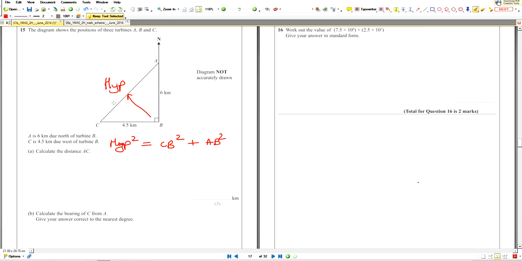Now, do you want to work out the hypotenuse squared or just the hypotenuse by itself? By itself. So this is the length that we've got to work out here. So we have to do the opposite of squaring it. So the hypotenuse AC is equal to the square root of 4.5 squared add 6 squared.